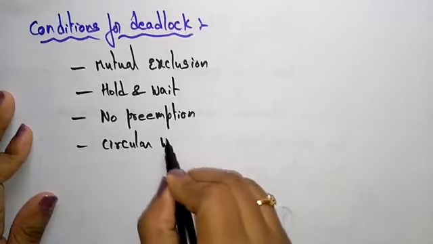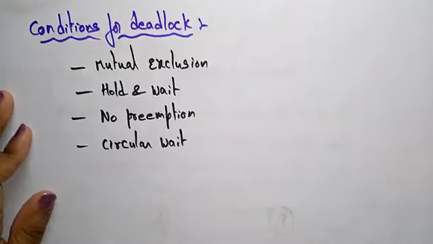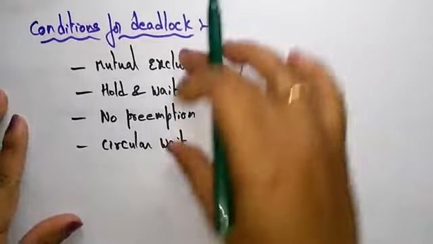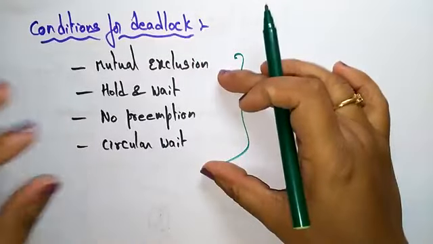The process is in circular wait. All these four must happen simultaneously for a deadlock to occur. So if all four conditions hold, it leads to a deadlock.